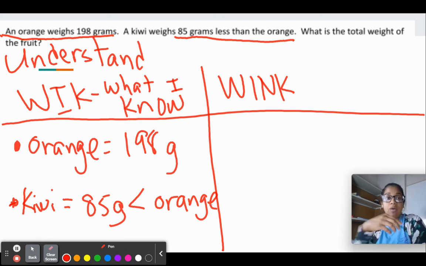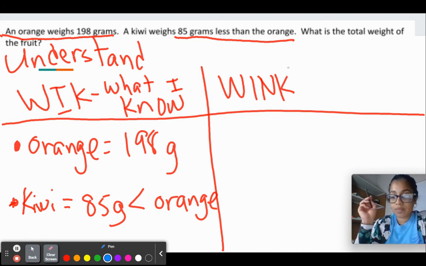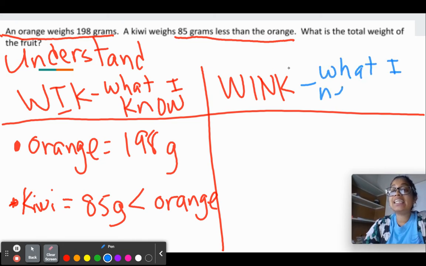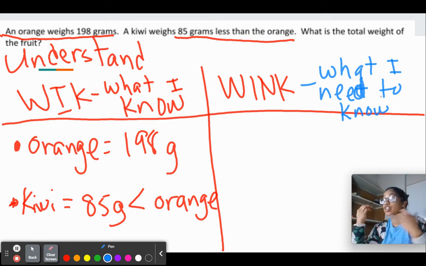Right? Now, that is the information I know because the next sentence after that is saying what is the total weight of the fruit? Now we have to go on to our WINK. So our WINK stands for what I need to know. And the WINK is usually going to be our question in our story problem.